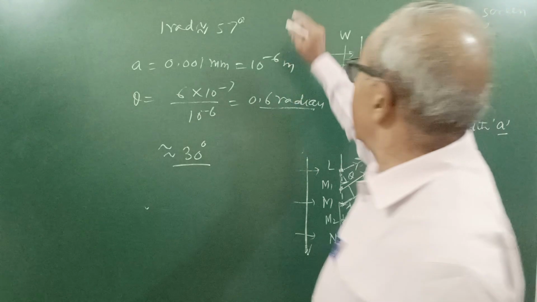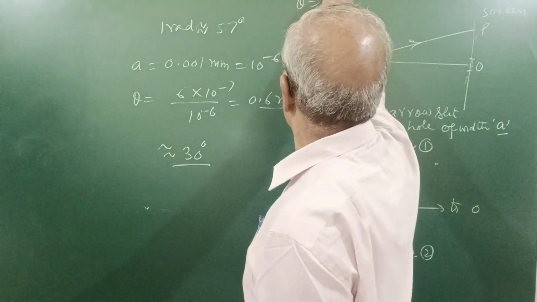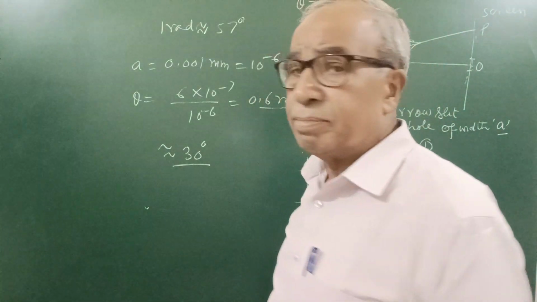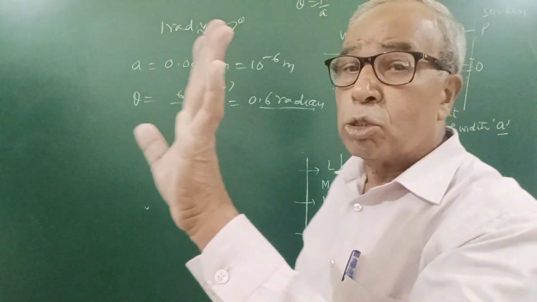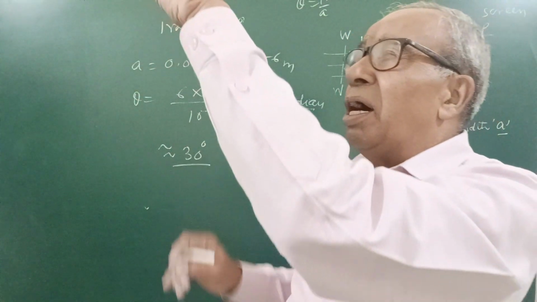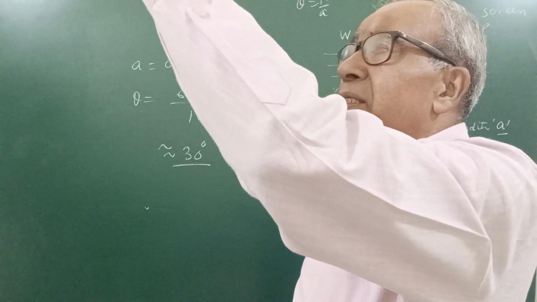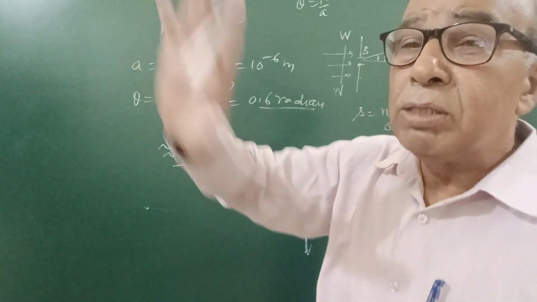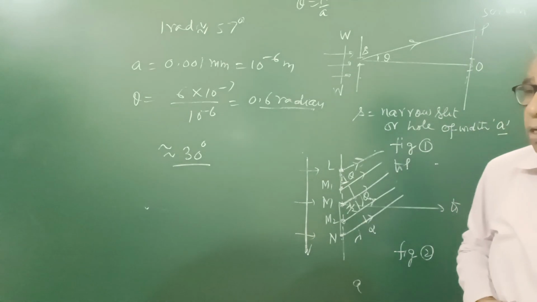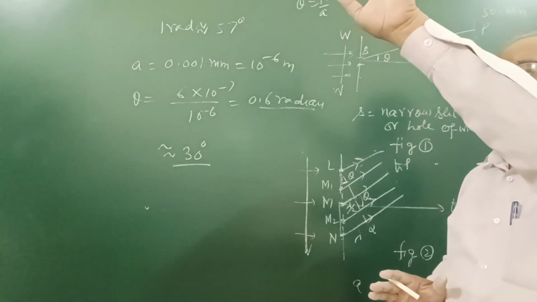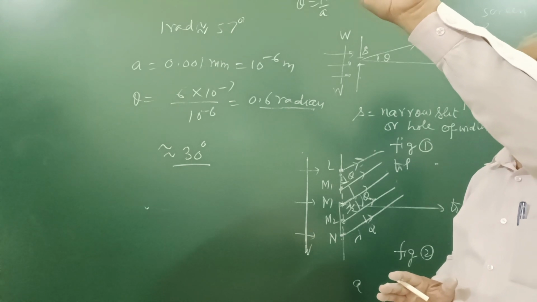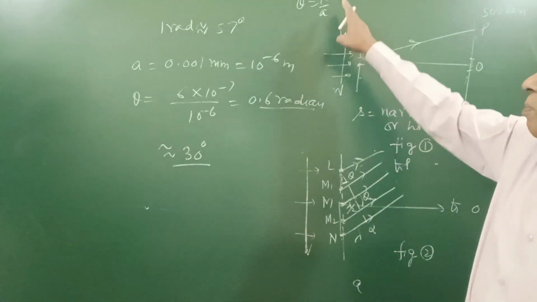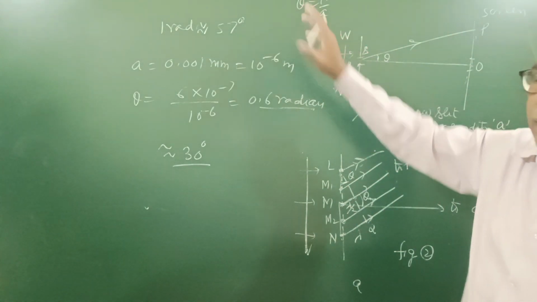Now theta, I told you, is lambda by a. Now you can understand here. If I look at a source of light through my fingers, I feel different colors in this light. The bulb is a white source of light, so it has all possible colors, and these lights have different wavelengths, so the angular spread is different.